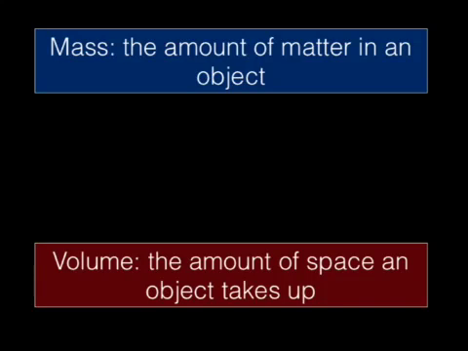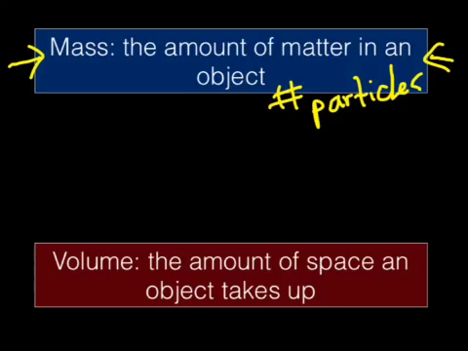Now, before we continue on, I want to make sure we're clear about what mass and volume are. Remember, mass is the amount of matter in an object. You can think of this as the number of teeny tiny particles. If you could count them, which is ridiculous, so we don't count them, but we actually measure mass as weight.